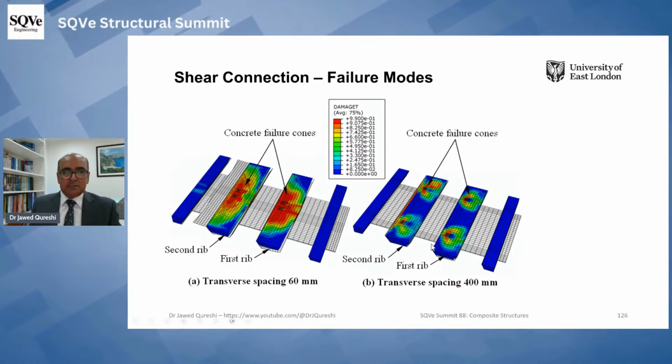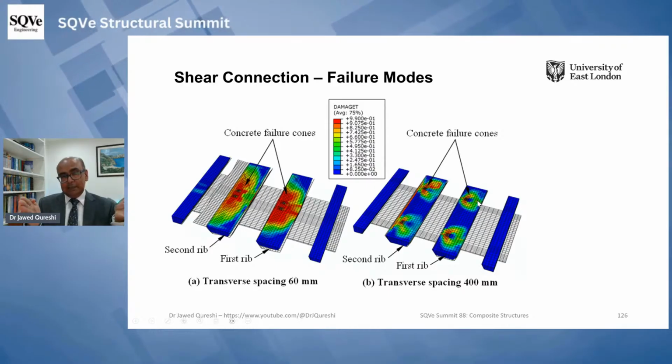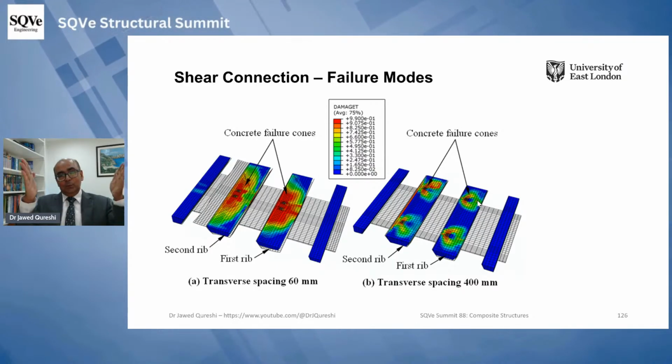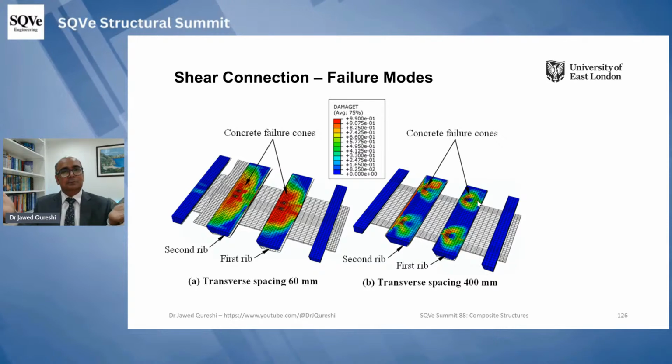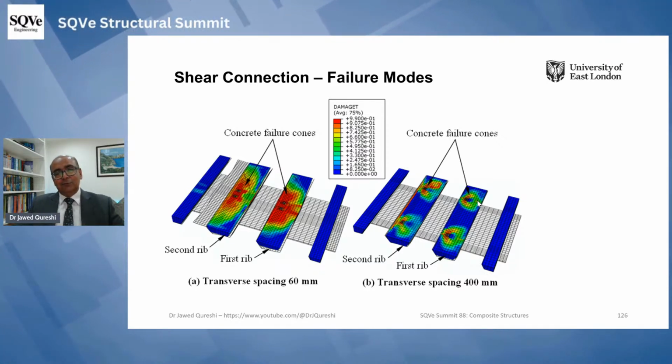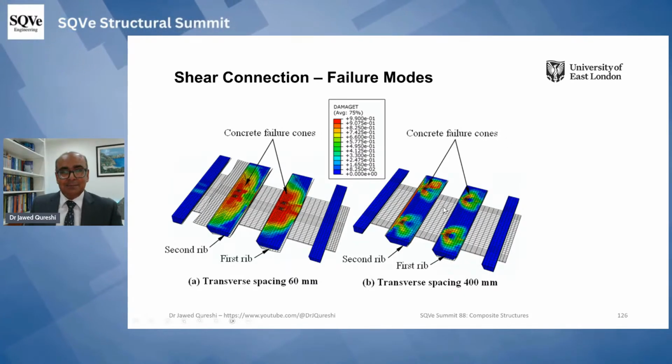But if we increase transverse spacing to 400 millimeter, which is not possible in real life, obviously, the width of the top flange is 200 or 250 or maybe not more than 280. A 450 or 500 millimeter top flange is not possible, at least in buildings.